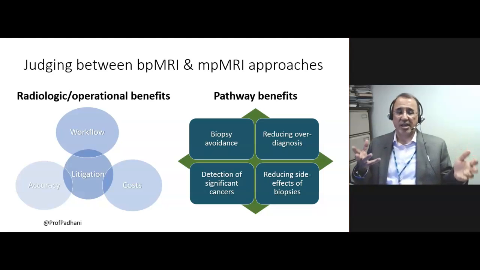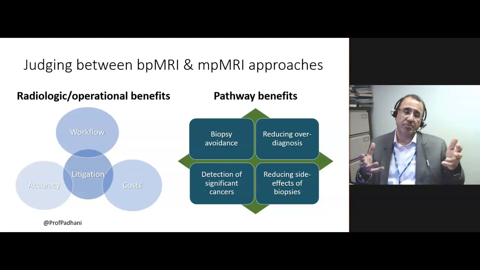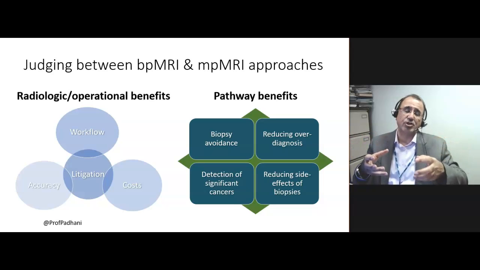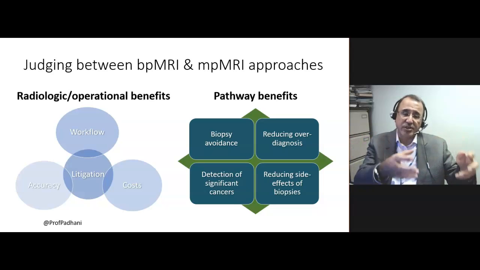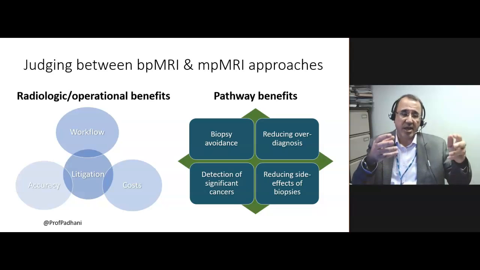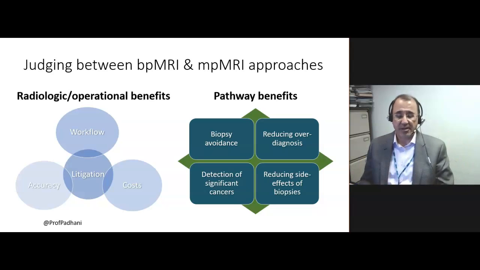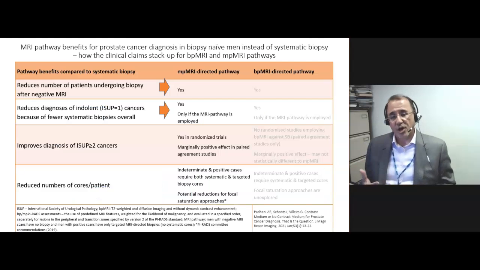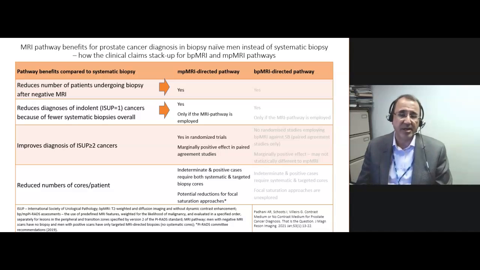So we're really juggling here between the biparametric and multiparametric approaches, looking at radiological and operational benefits. But we do need to consider the pathway impacts of adopting biparametric MRI. So we know that multiparametric MRI will reduce the number of patients undergoing a biopsy.